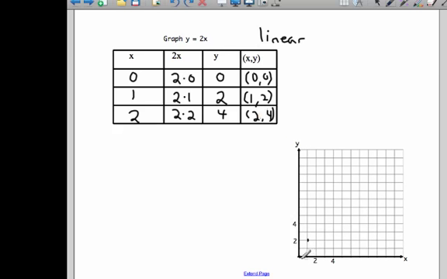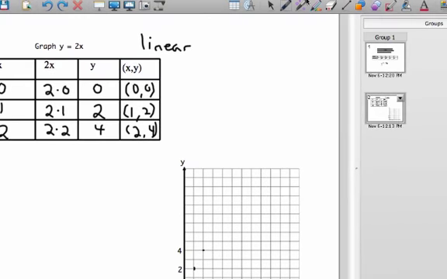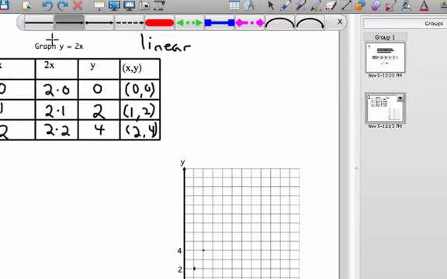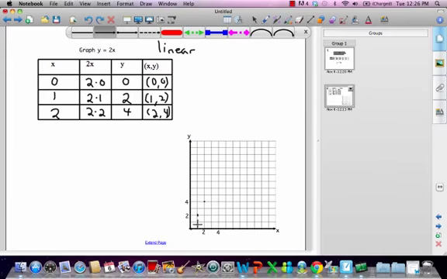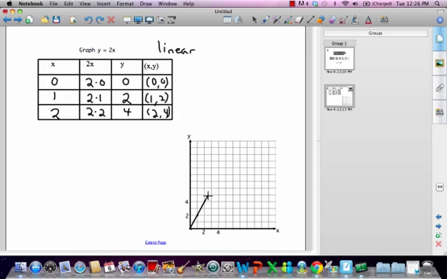So we'd move over 2 on x, and then it says to go up 4 on y. And that would be right there. And if we just connect these points now, we will be able to graph our function. And this is going to keep going like this, so we can put a little arrow on the end of it.